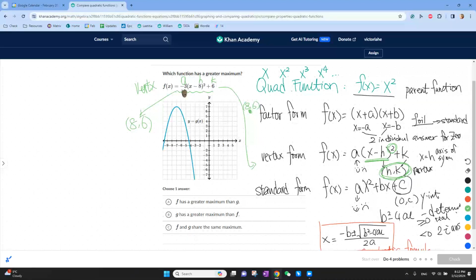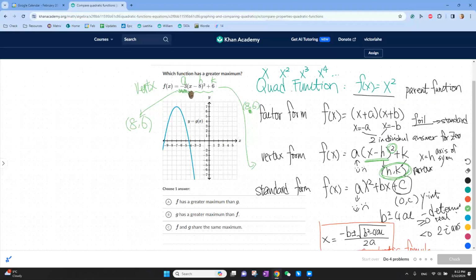Okay. And then I'm going to have a happy face or sad face based on the a. Again, look at this one. This is a -3. Am I going to have a happy face? Look closer. This is a -3.